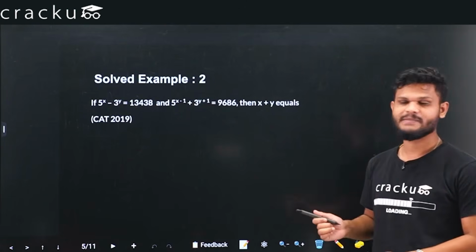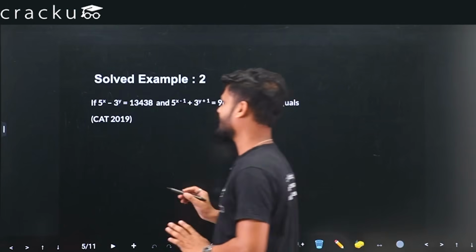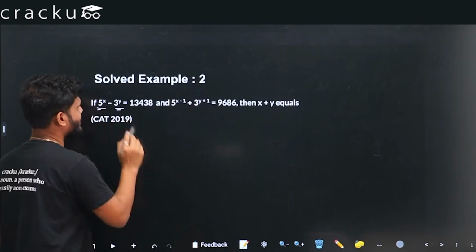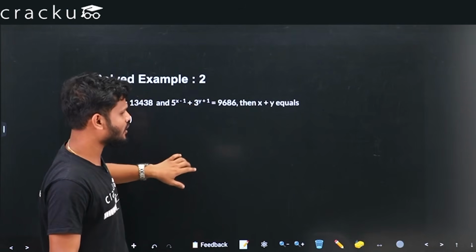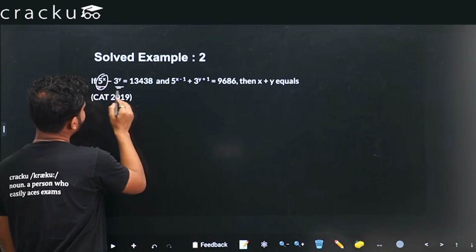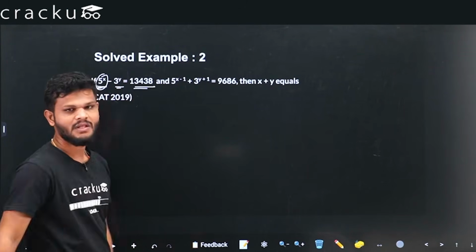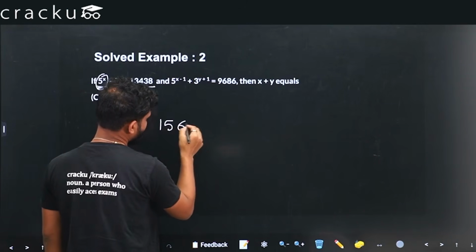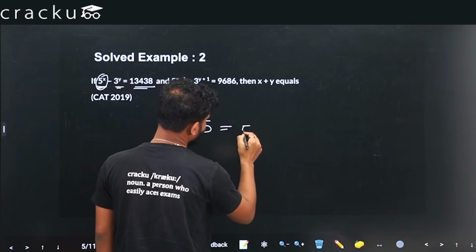Again, this question is based on observations. Many people, what they do, they say let 5 raised to x is equal to a, 3 raised to y is equal to b, then they form the equation and solve it. But if you see the nearest 5 power to this one, it is nothing but 15625, and this is 5 raised to 6.